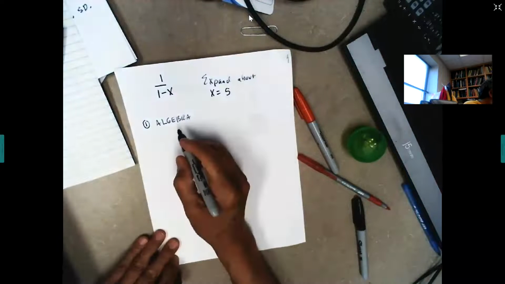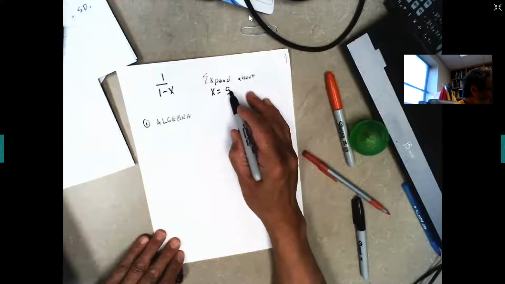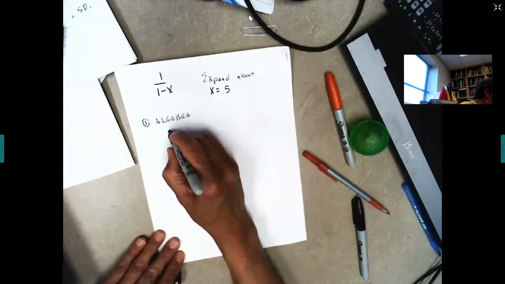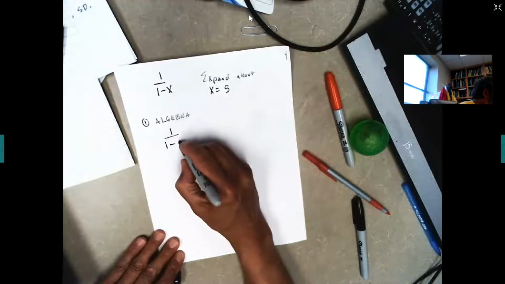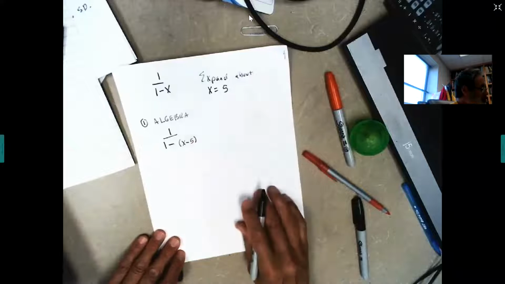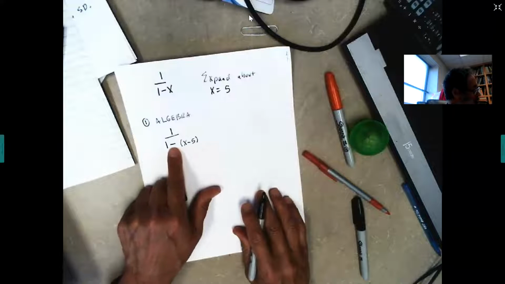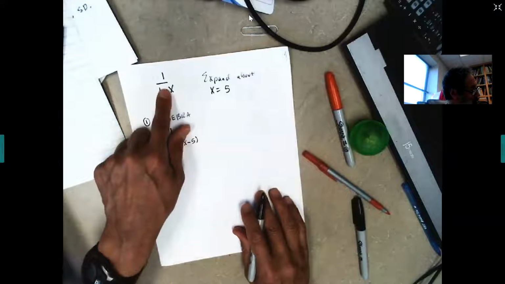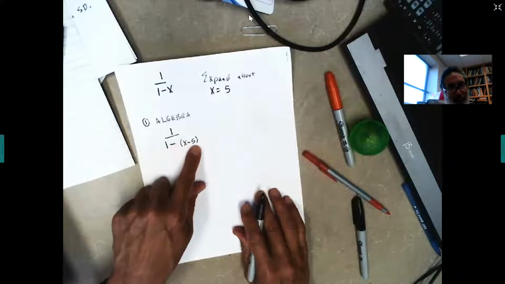The way to write this is that if you're going to expand this around x equal 5, you want to somehow write this, but instead of having an x, you want to have an x minus 5. The reason is that this makes powers of x minus 5. However, in the denominator you still have a 1 minus x, but in effect what you've done to the denominator is you've added a negative 5.